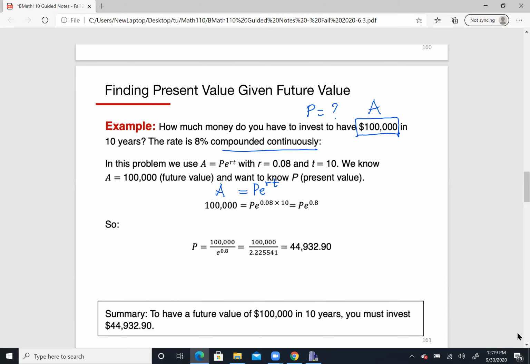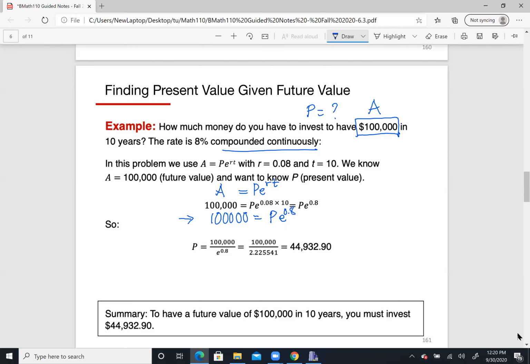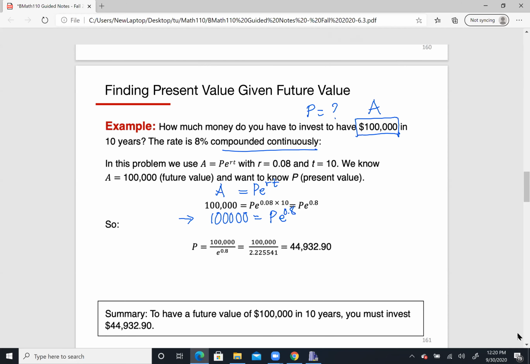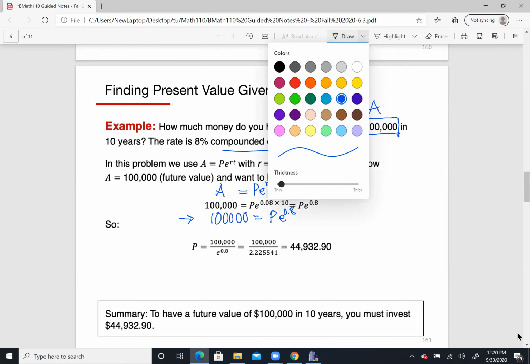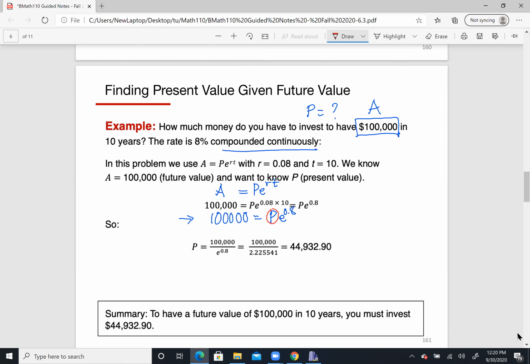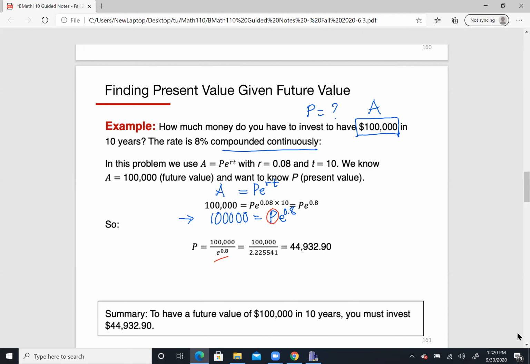Okay, so I now have an equation with the left-hand side 100,000 equal to P times e to the 0.8, right? Because I'm looking for P, I have to divide both sides by e to the power 0.8. Then P equals 100,000 over e to the power 0.8.